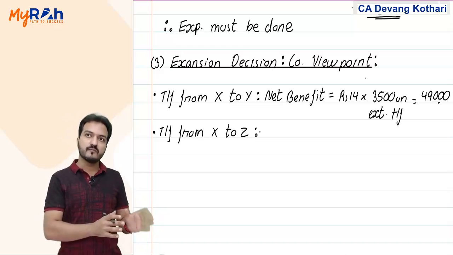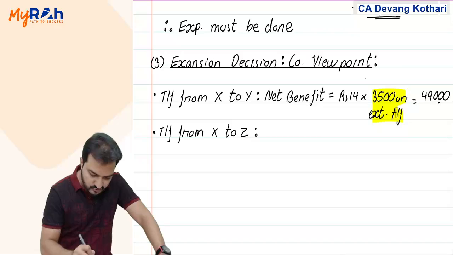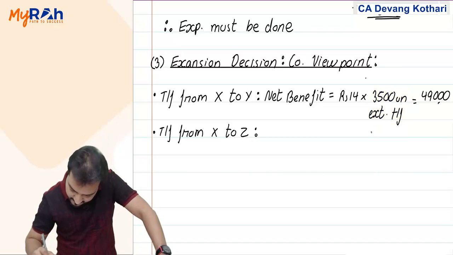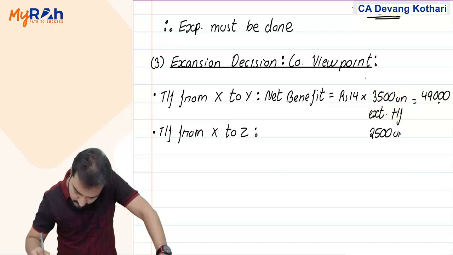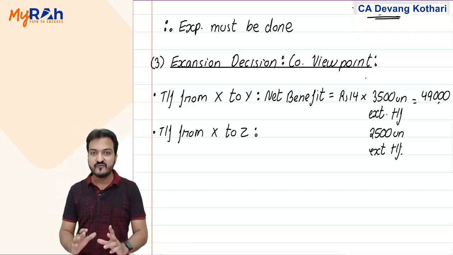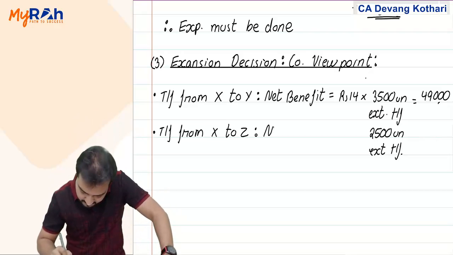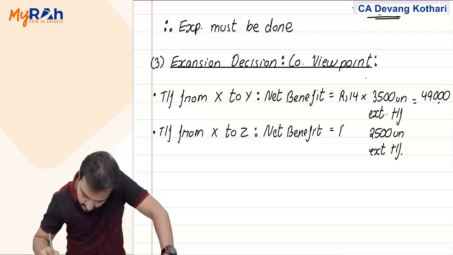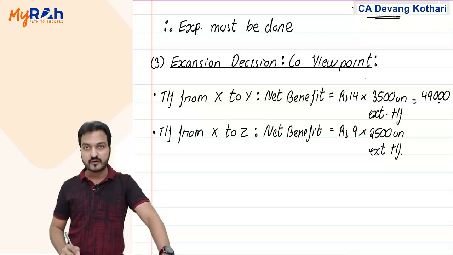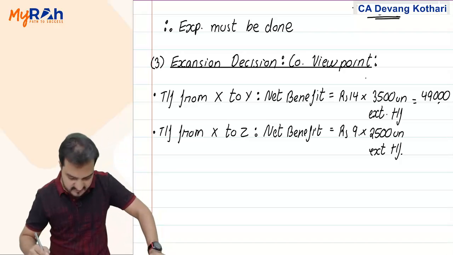Out of 6,000 more, 3,500 it will transfer to Y, and balance 2,500 extra transfer is done to Z, because Z was not given any transfer right now. Now if I give 2,500 extra transfer to Z, then net benefit to the company for this will be 9 rupees per transfer into 2,500. 9 into 2,500 is 22,500.